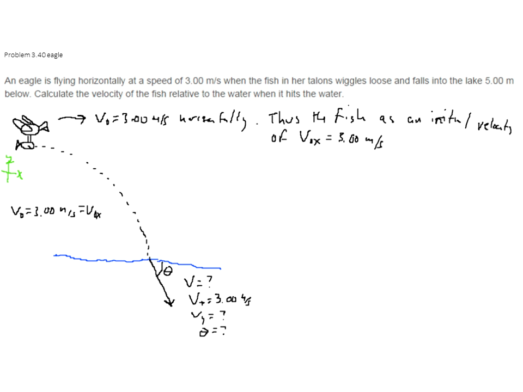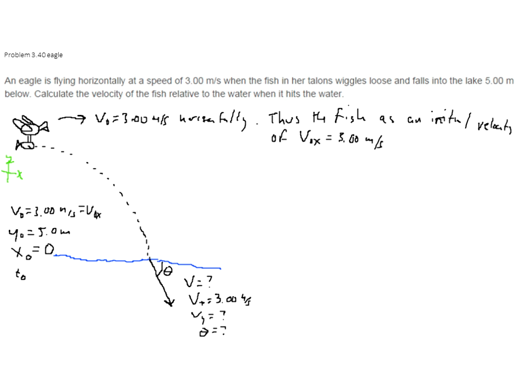So now with our coordinate system, we have y. Let's see how I did it here. Yeah, so y0. The lake is 5 meters below, which means the fish is 5 meters above the lake. We can say we measure from where it's dropped, so x0 equals 0.